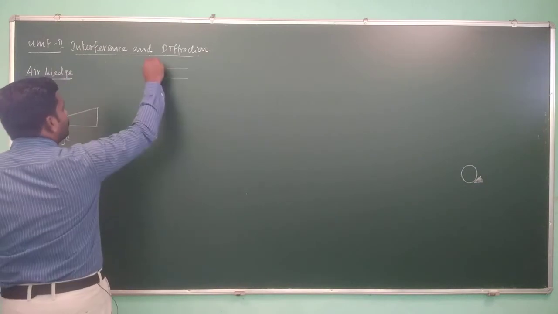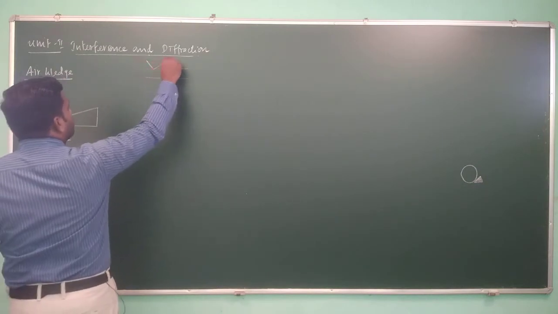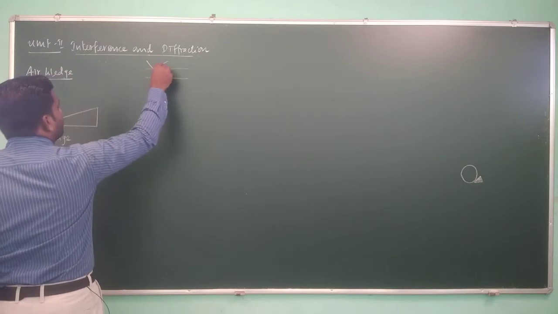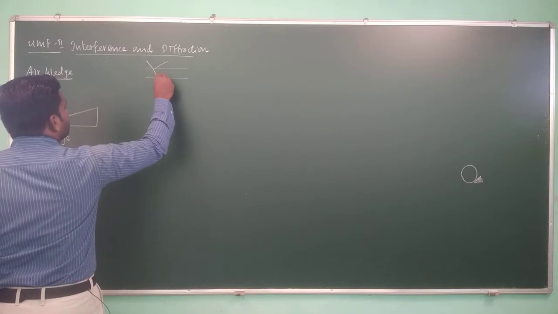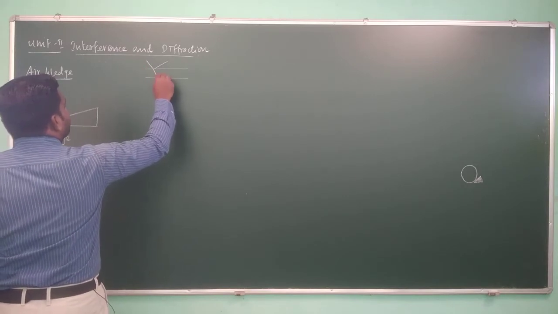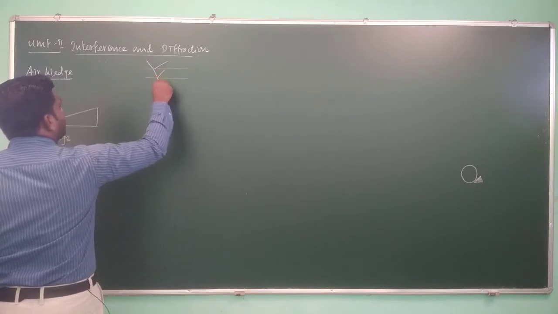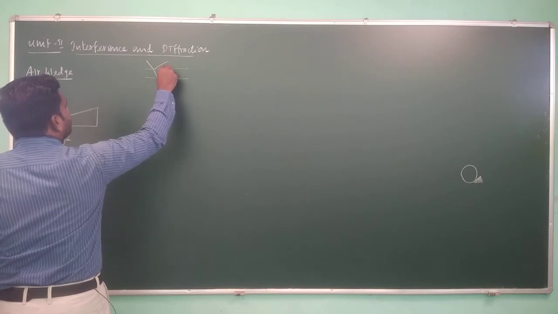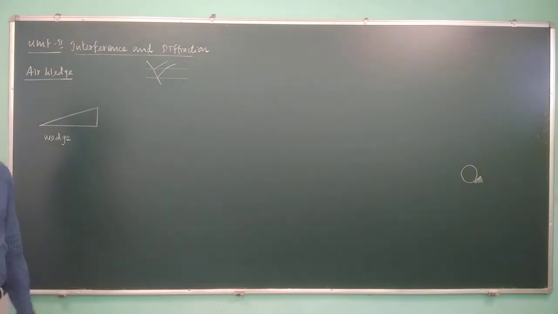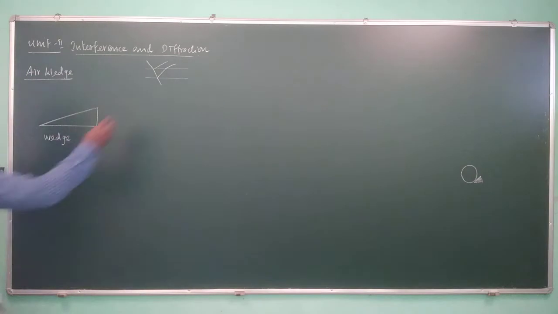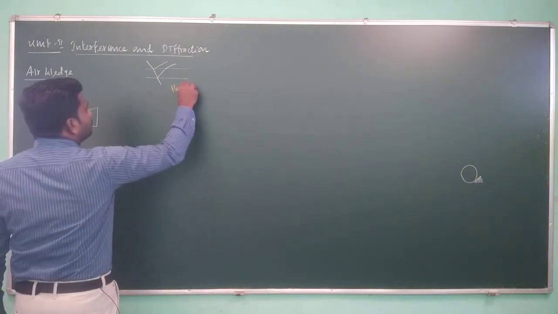So the incident light ray is partially reflected from the upper surface and a portion of the light is refracted. Then at the lower surface, this refracted light ray is again reflected, and this reflected light ray is again refracted at the top surface. This scenario we have discussed in the previous lecture. So this is all about thin film.